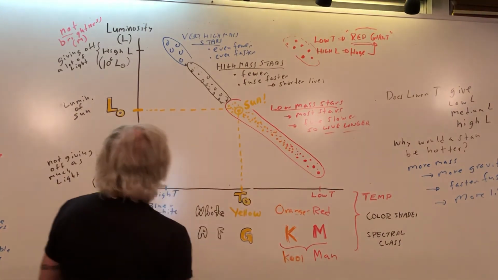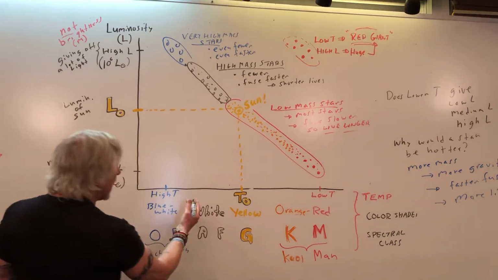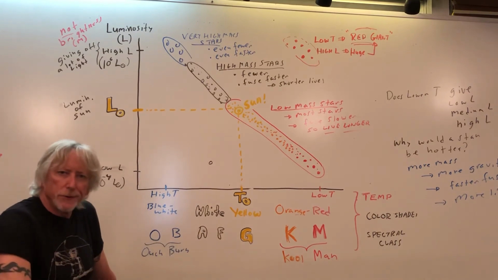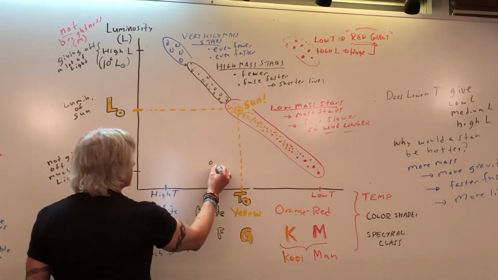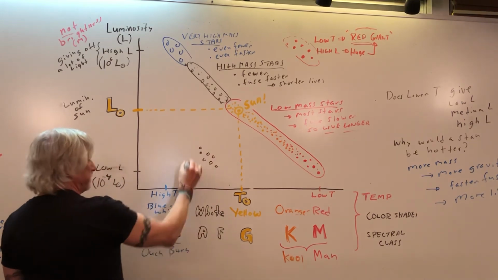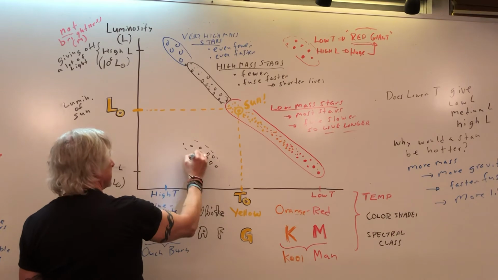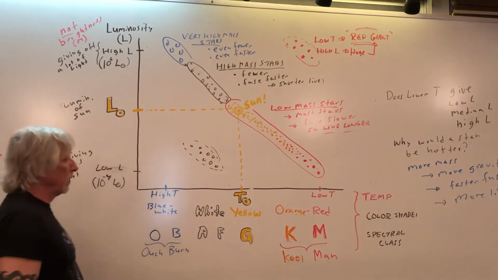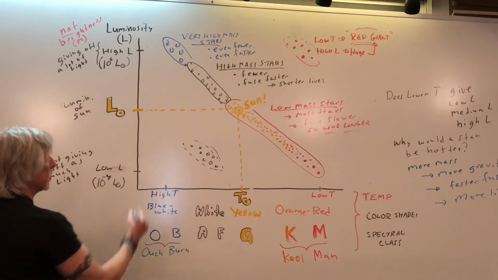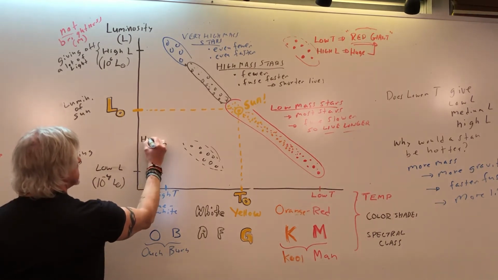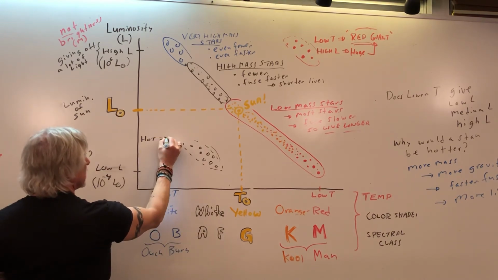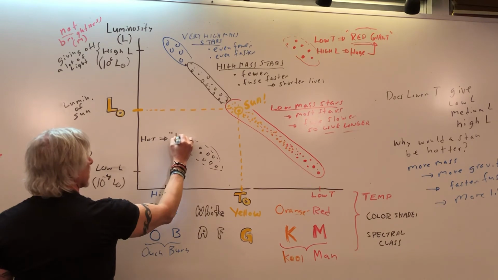And you find some down here. Now what is this? You find some that are really hot, but they're not giving off much light. What's up with this? So they're hot, so we're going to call them white.